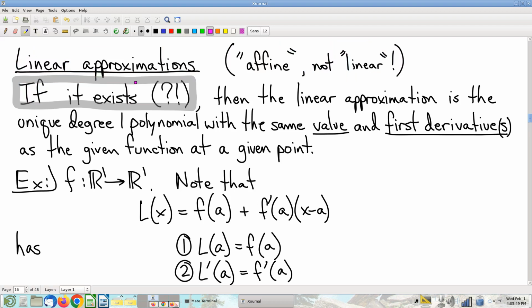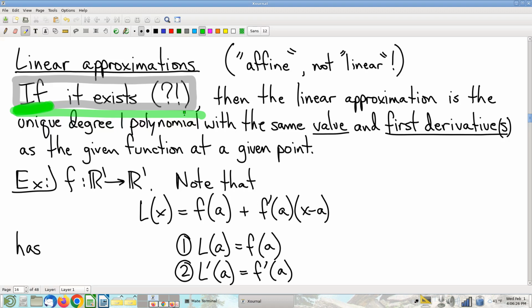Okay, next little disclaimer, and I'm sorry, I have to cover myself here. I want to start off assuming that the linear approximation actually exists, because there's a lot to say about the question of whether a linear approximation exists. And that's a more sophisticated discussion, and I don't want to start off with the sophisticated discussion. I want to start off with, let's get a calculation done, let's get some formulas, let's get some wins on the board, right?